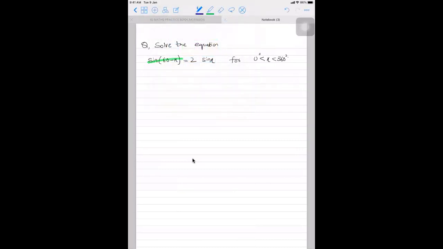Sine of 60 minus x is going to be sine of 60 cos of x minus cos of 60 sine of x, right? Equals 2 sine x. Now sine 60 is root 3 upon 2 and cos 60 is 1 upon 2.